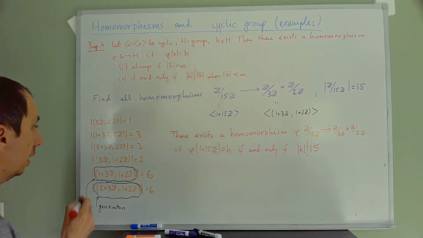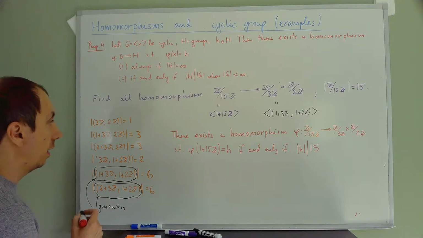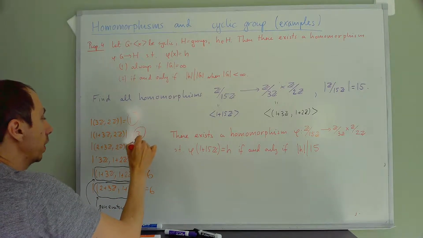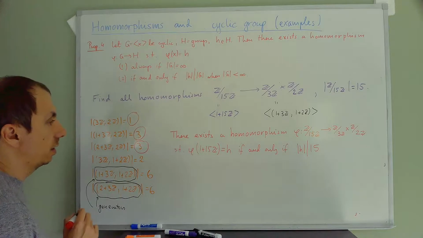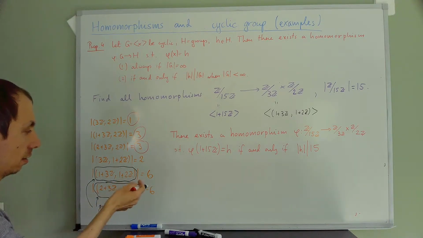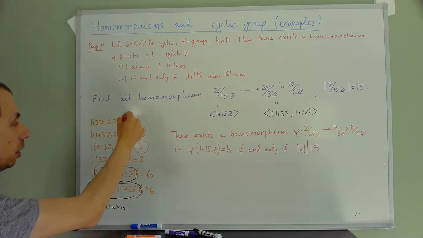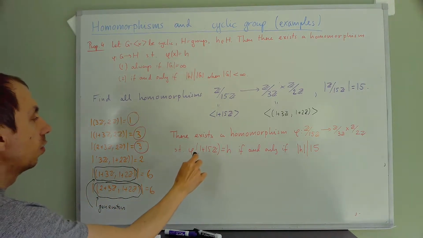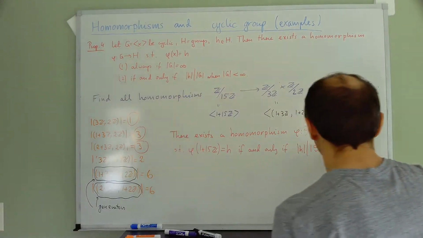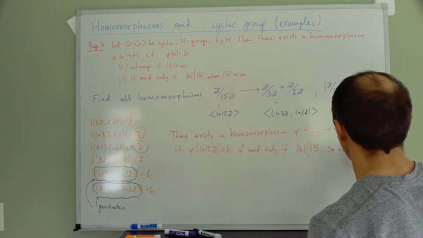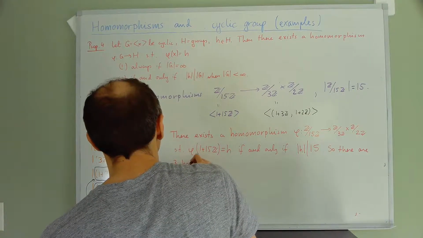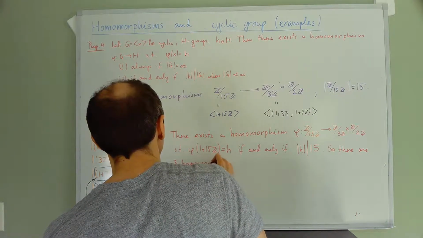So I look at these numbers and I look at those that divide 15. 1 divides 15, 3 divides 15, 3 divides 15, 2 doesn't divide 15, 6 doesn't divide 15, and the other one also not. So how many different elements can I send 1 plus 15Z to? I have 3 options. So there are three homomorphisms.